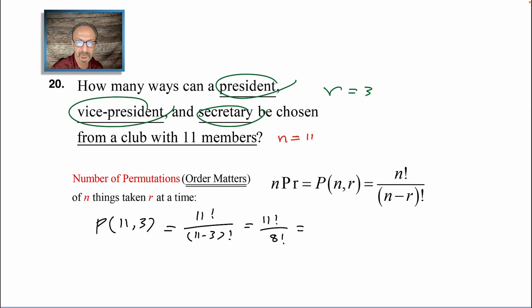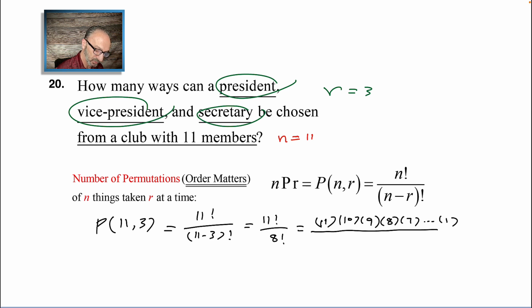Instead of using the calculator right away, we could reduce our numbers, then reach for the calculator. That's 11 times 10 times 9 times 8 times 7 times all the way down to 1. And 8 factorial will be 8 times 7 times 6 all the way down to 1.